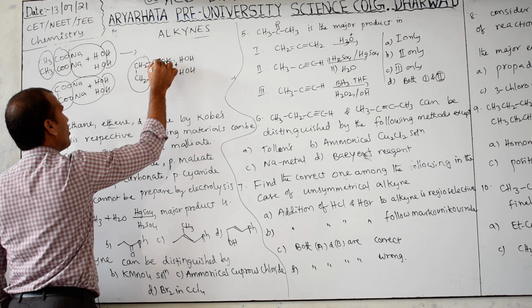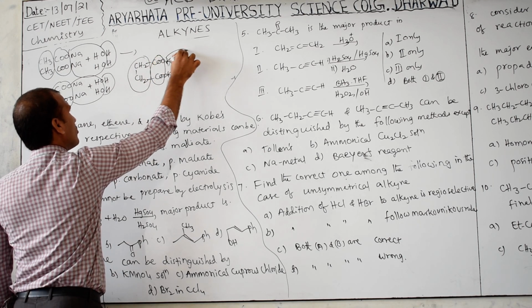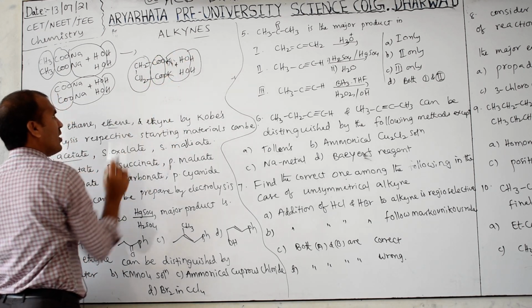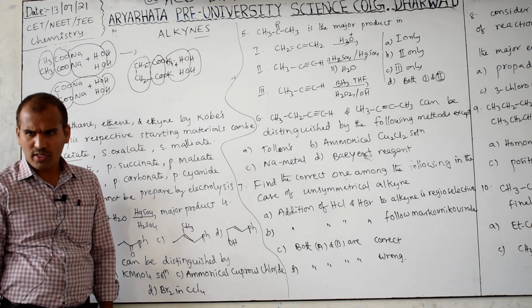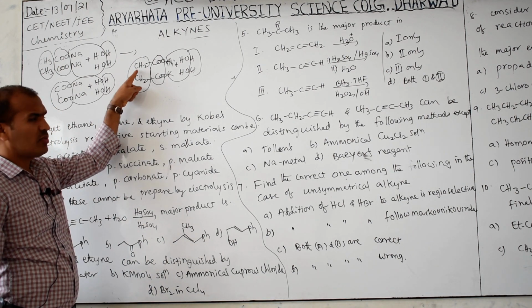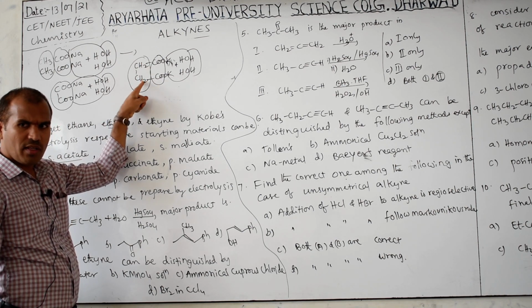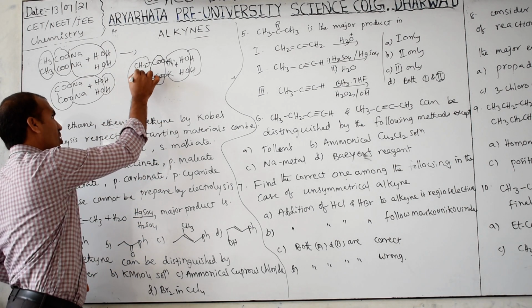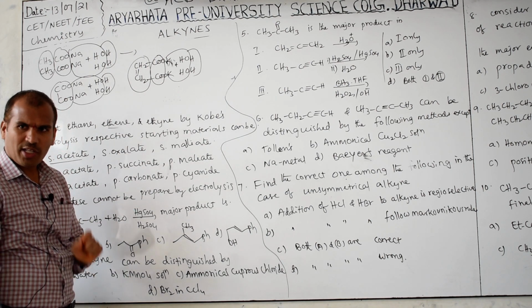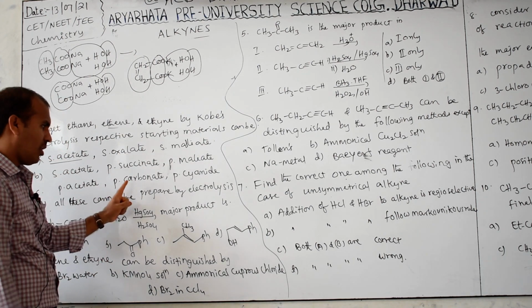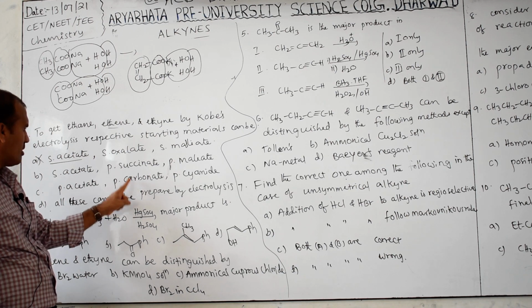This will be eliminated like this. Then carbon valence is how much? 4. 1, 2, 3. When it is eliminated, compulsorily what will form here? Double bond. Ethene possible or not? Possible.